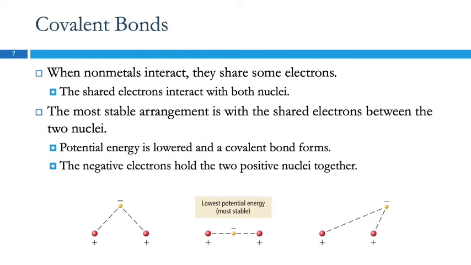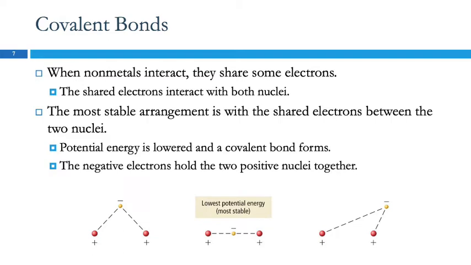So in a covalent bond, we have a sharing of electrons. Nonmetals like to gain electrons and form anions, but if there's not a metal around to lose an electron, they can't convince another nonmetal to give them an electron, because nobody wants to do that. So instead, they share electrons.